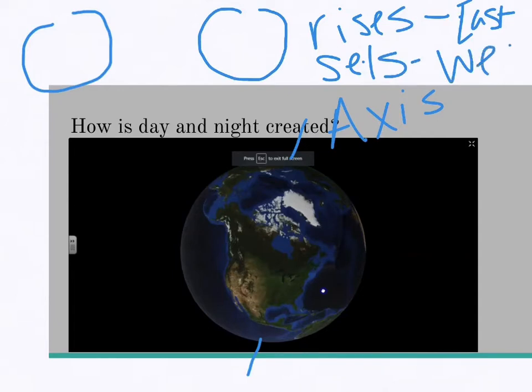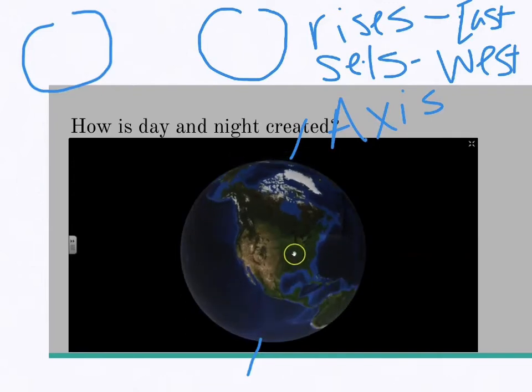in the west. So in this video demo that I am about to show you, we are going to pretend like we are the sun, and the Earth is rotating on its axis to create one day and one night. In this video, where my mouse is located is roughly where St. Louis is located.